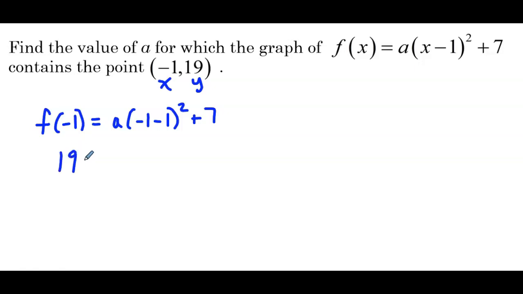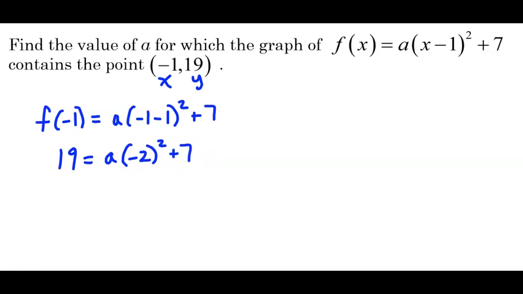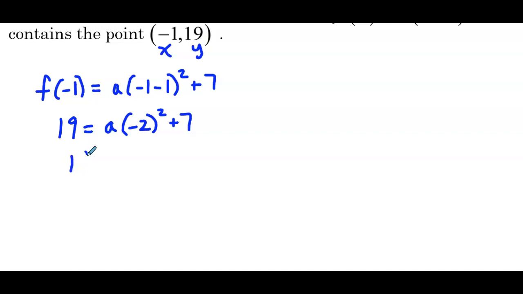So we can substitute 19 in for f of -1. Then we have a times -2 squared plus 7. So we can clean this up. This is going to be 19 equals, so -2 squared is 4, so 4a plus 7.